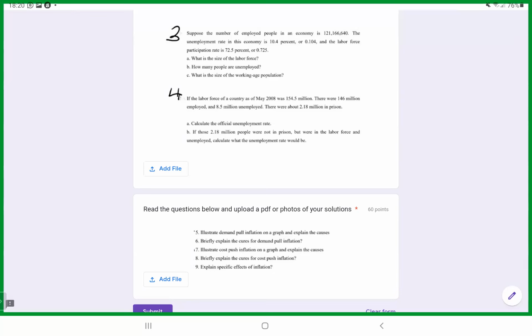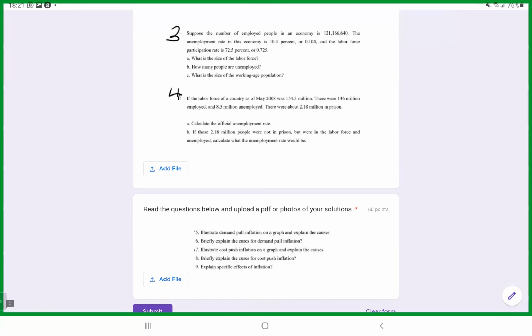They're not part of employment. What you can do is the other way: you can still add the number of employed plus unemployed, and you still find the same thing.